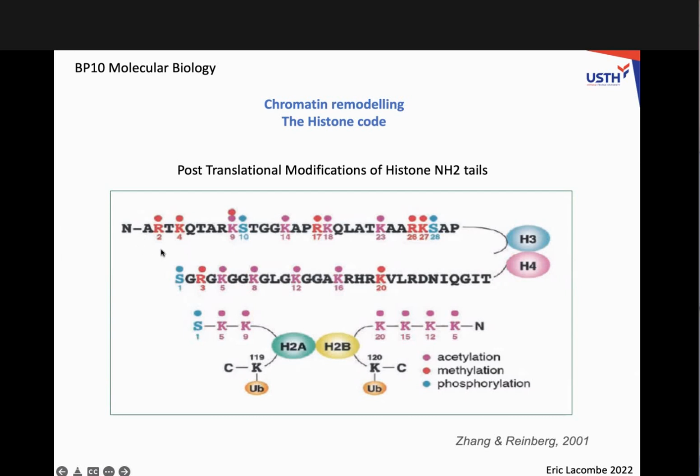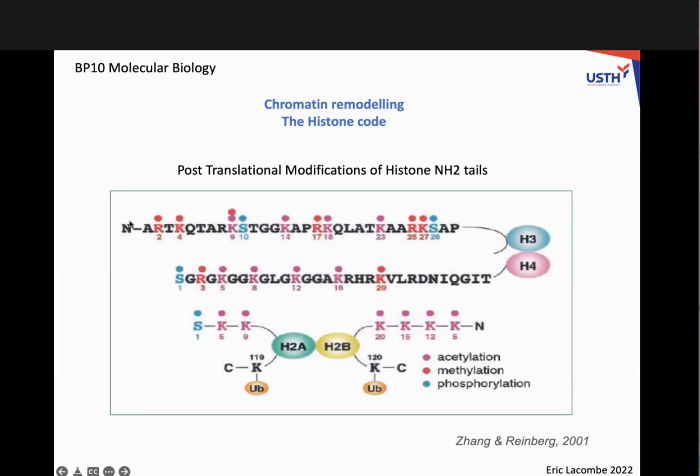Researchers realized that these NH2 tails of the histones are subjected to a lot of post-translational modifications. For post-translational modification of proteins, there are a huge number of different modifications: methylation, acetylation, phosphorylation, ubiquitination, and so on. There are plenty of different modifications.